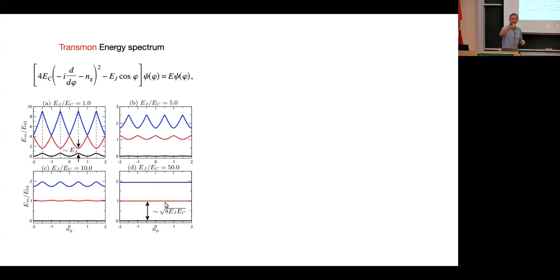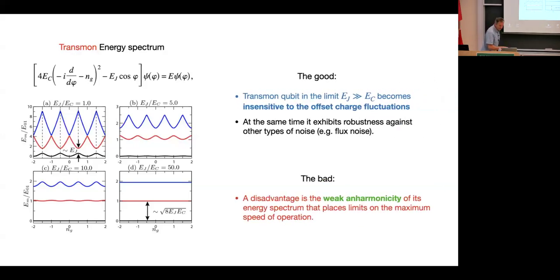So even though the offset charge might fluctuate in time, your qubit is stable. That's how this problem has been solved, and almost all working qubits these days work on this principle. It has one drawback: the spectrum is now nearly harmonic, meaning these levels are almost equally spaced, not quite, but almost.